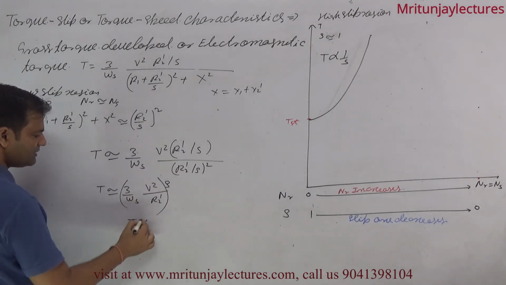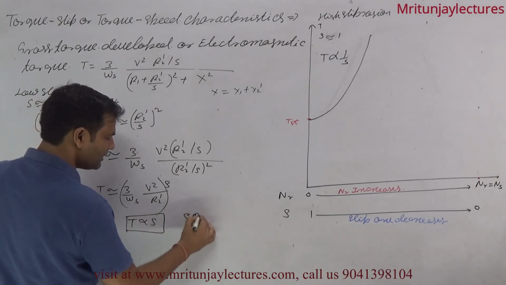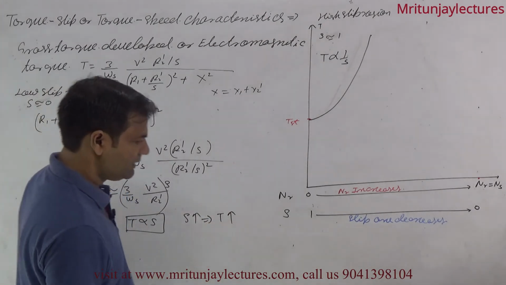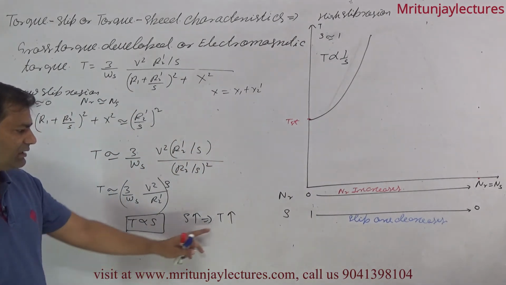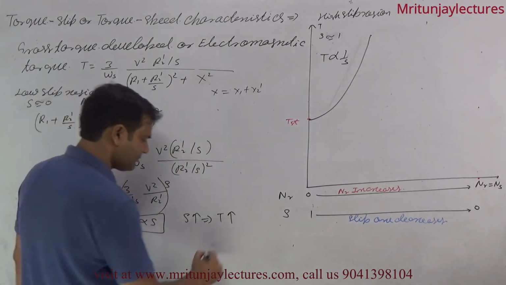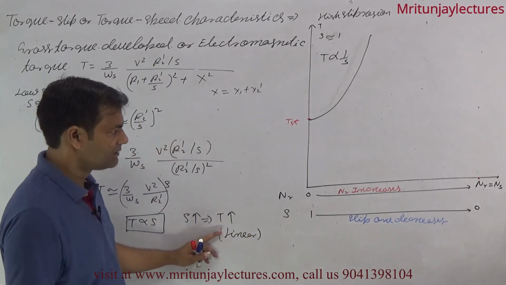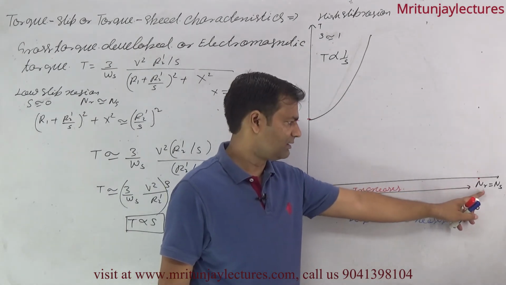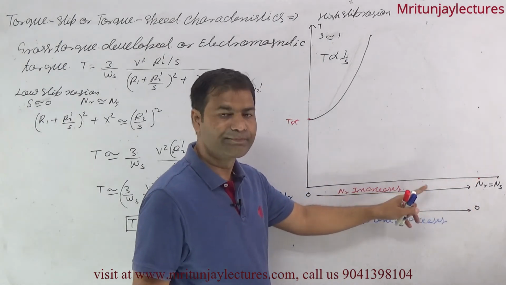So T is proportional to S. If S increases, what about electromagnetic torque? That also increases, okay. That is a linear relation. At S equal to 0, NR equal to NS, torque is 0. If S increases, then what about torque?